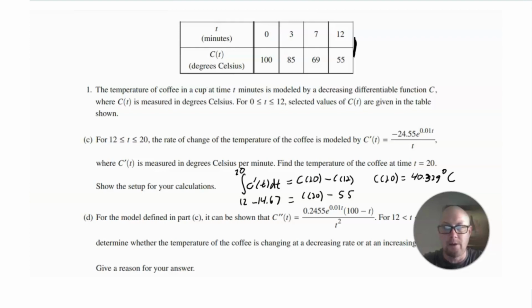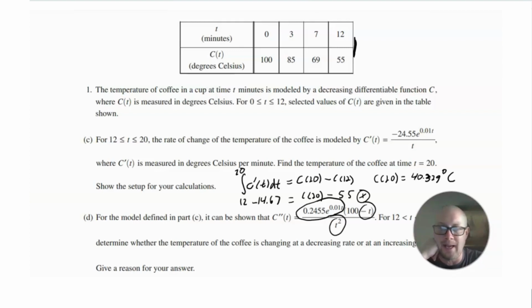So what I want to do is check the sign of the second derivative between 12 and 20. And I can see on here that no matter what value I pick between 12 and 20, if I put in a value for t here, this is going to be positive. If I put a value t here, this is always going to be positive, and then I'm squaring t on the bottom.